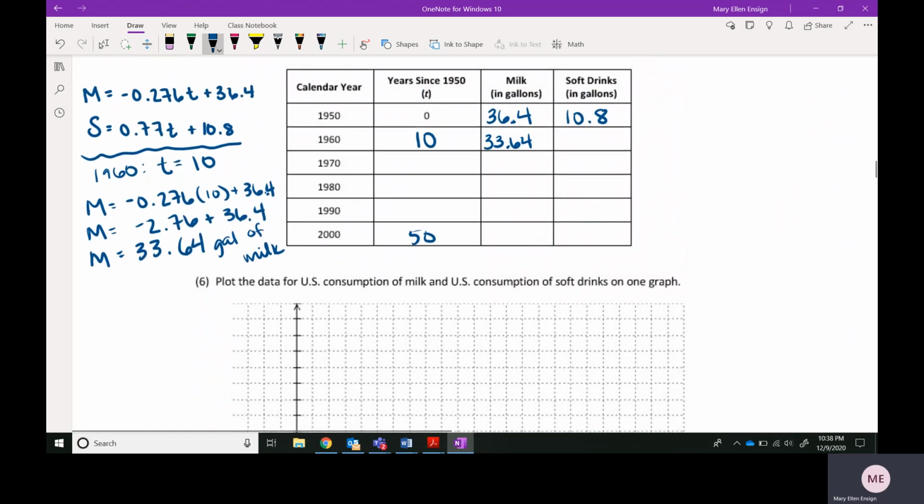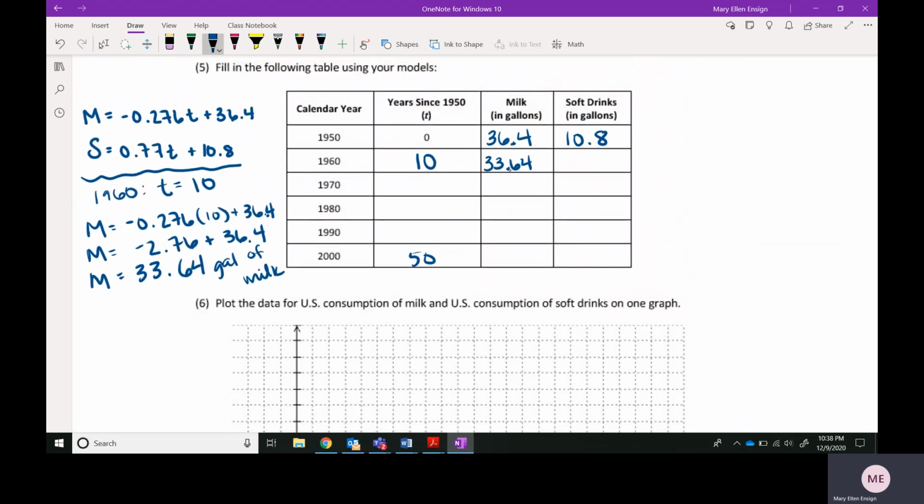So what you're going to be plotting, there's two different sets of numbers you're going to get out of this table. T is like my X, that's going to be the same for each. So for milk, I'm saying here, after 0 years, 36.4 gallons were consumed.